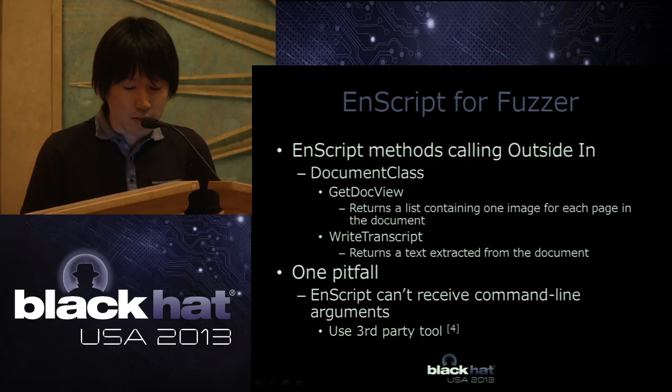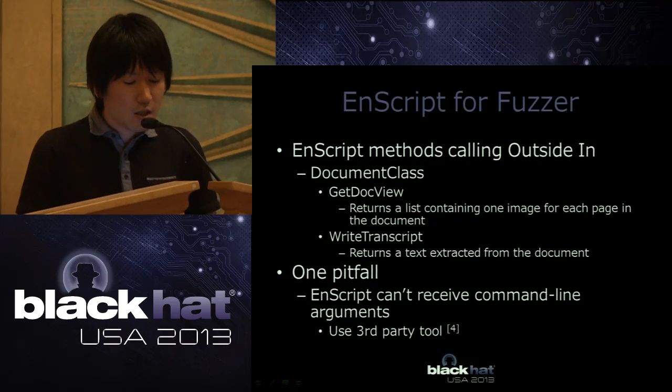We have two methods to call Outside In functions using EnCase EnScript: GetDocView and WriteTranscript in the document class. I wrote a script to call both of the methods. For your information, EnScript usually cannot receive command line arguments from EnCase, so I used a third-party tool to pass arguments to the script.